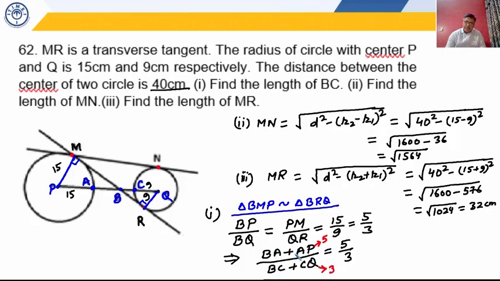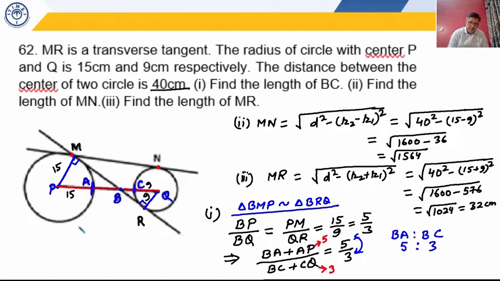AP and CQ are basically the radii, already in the ratio 5:3. So BA and BC should also be in the ratio 5:3, because 5:3 plus something is 5:3, so that something must be in the ratio 5:3. So the ratio of BA and BC is again 5:3 for sure.